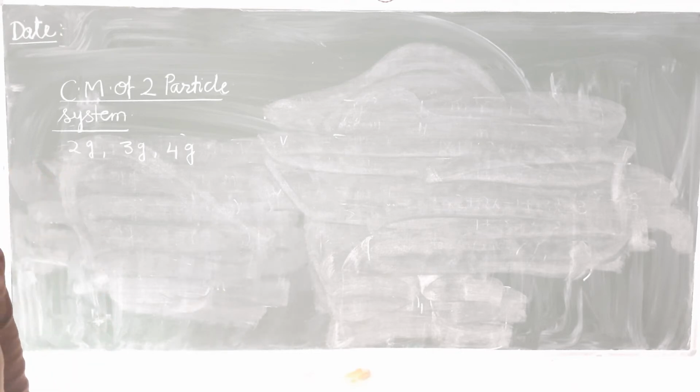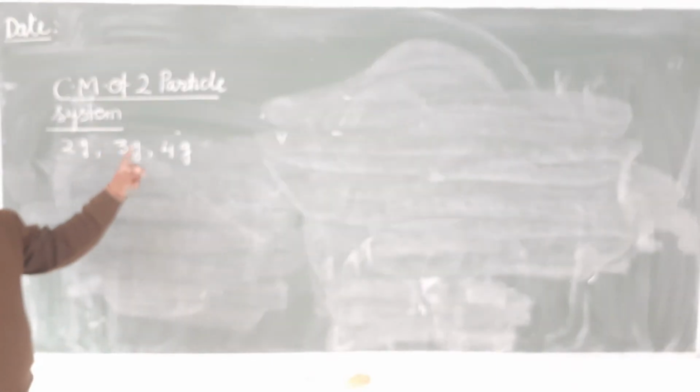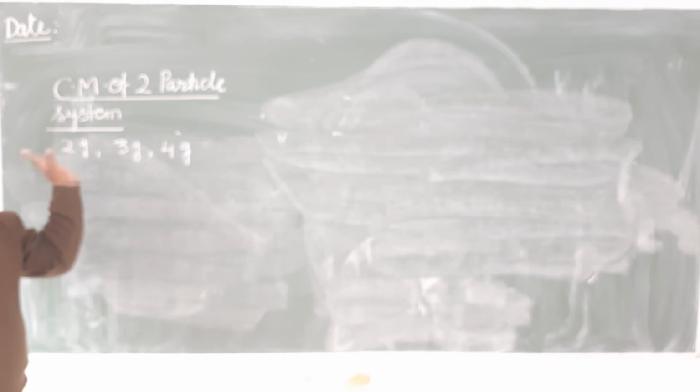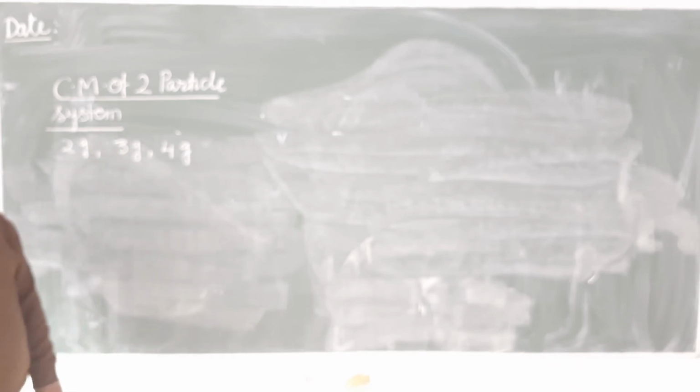Find the center of mass of the system. So see here, the coordinates at which these particles are kept are not given. Simply it is given that these are kept at the vertices of an equilateral triangle of side 1 meter.